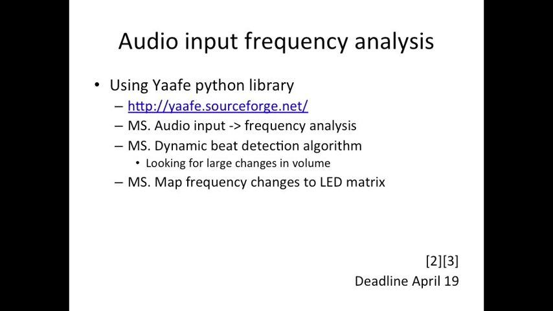Then I'm going to write the dynamic beat detection algorithm, and this is going to be essentially just looking for large changes in volume of the audio file. And then after we have those beats detected, we're going to map the different beats to the LED states.